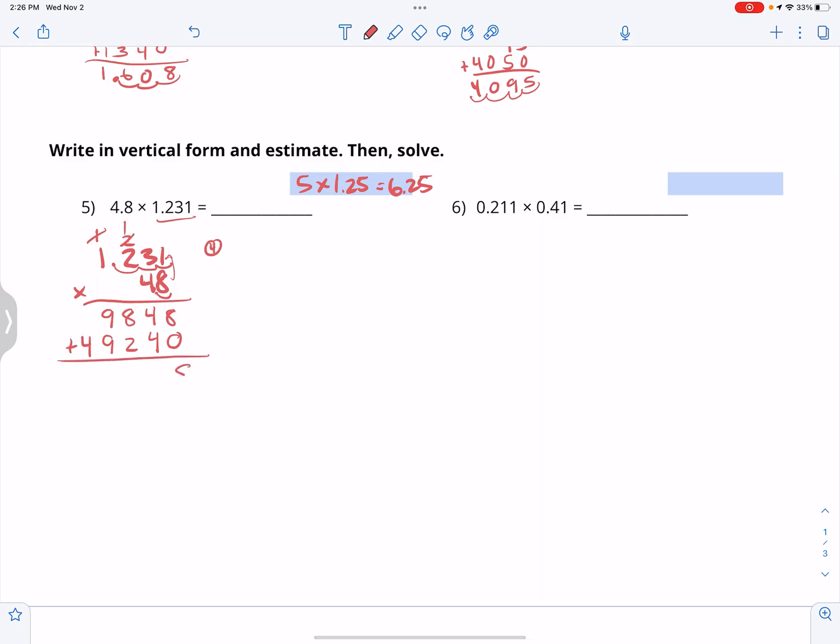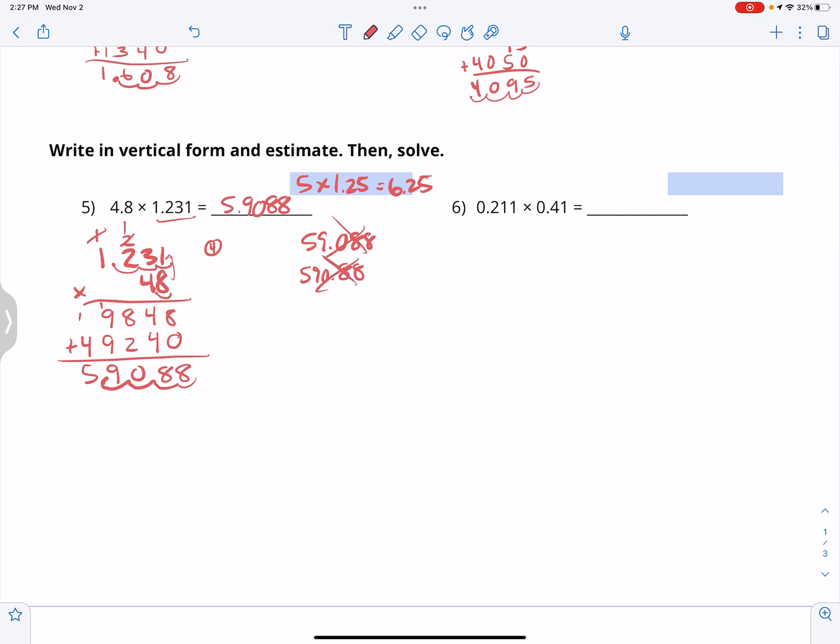Add them up. 8, 8, 10, 19, 5. And we need to move it 4 places. 1, 2, 3, 4. Our answer is 5 and 9,088. All right, and that does seem relatively close, much closer than if we had gotten 59 and 88 thousandths. Definitely not that. Definitely not 590. Definitely not that. So I feel quite confident.